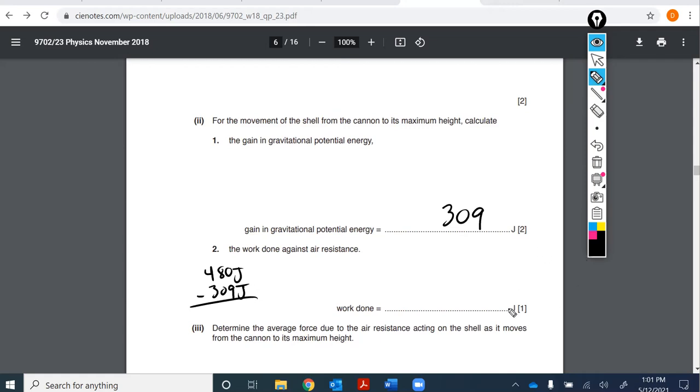See how everything is in joules, so it's just the difference between those that explains the 1 mark. All the energy of motion that didn't show up as potential energy must have been lost along the way as work done against air resistance. So we'll take our 480 minus 309. Get 171, or just 170 we'll round it to.